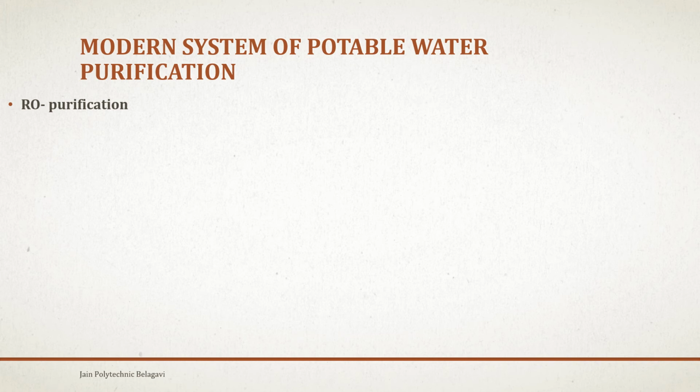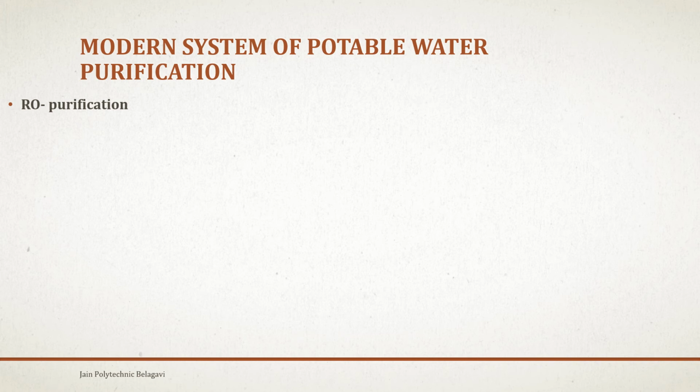When it reaches the house, we don't know what impurities have entered the water. So we are going to do the purification in such a way that we remove the impurities from the water. Such purification methods are the RO, UV and activated carbon purification.